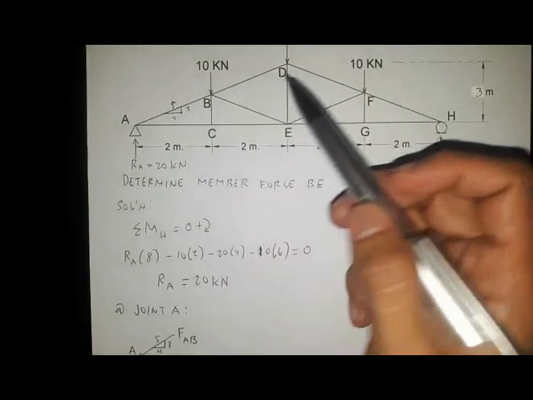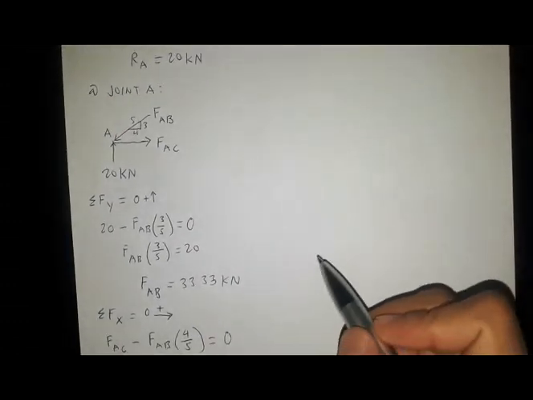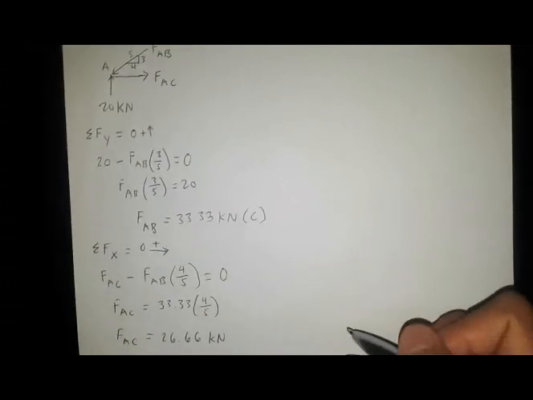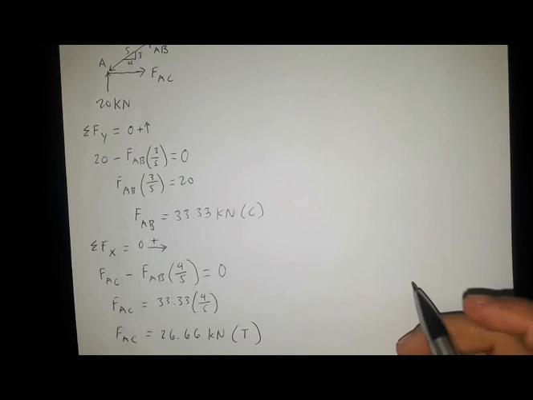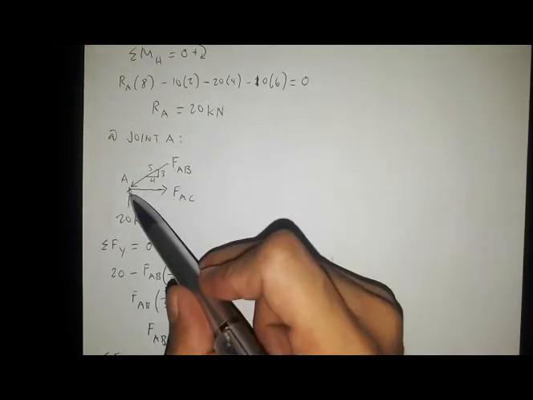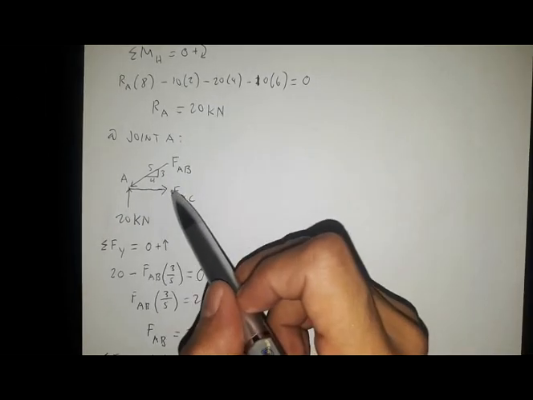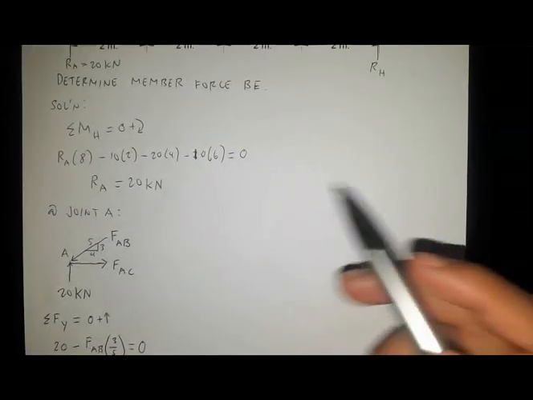So we have here compression for FAB and tension for member AC as it leads towards or away from the joint.